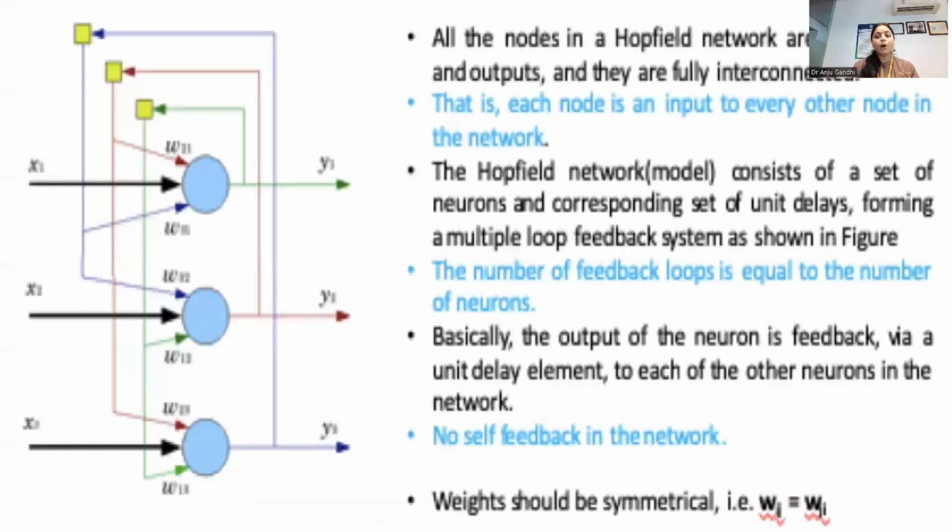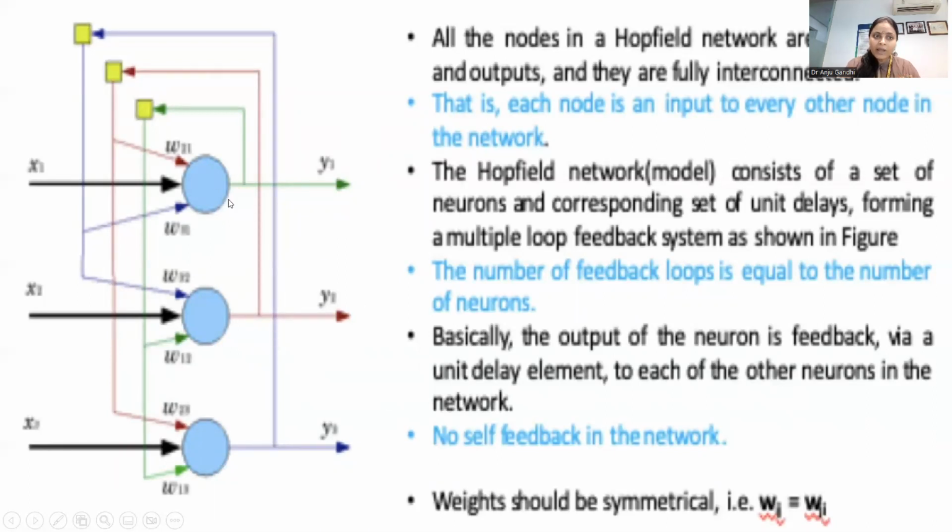Now, talking about the structure of the Hopfield network, this is the structure we have. We have these neurons in the layer, with inputs x1 and so on, and outputs y1 and so on.